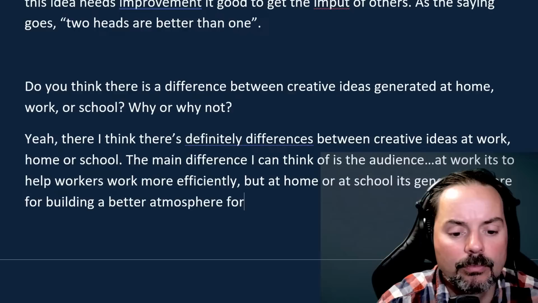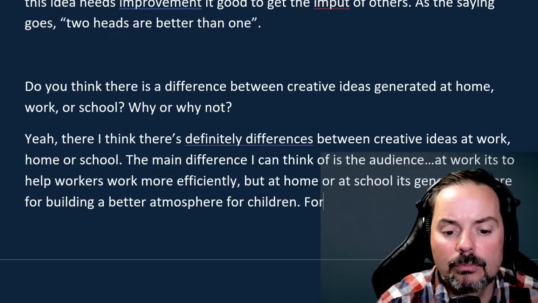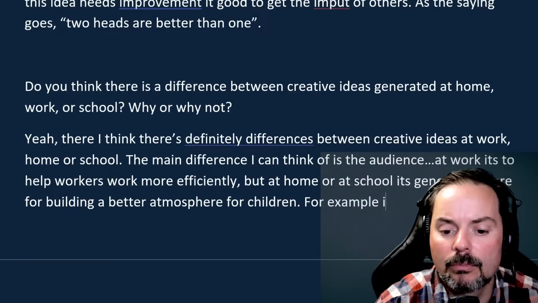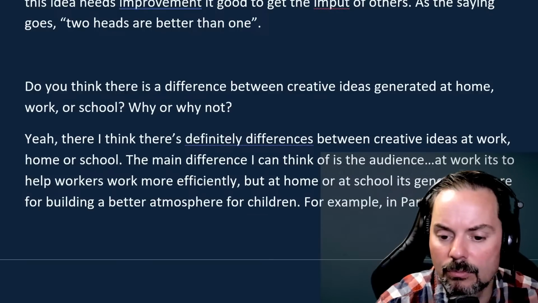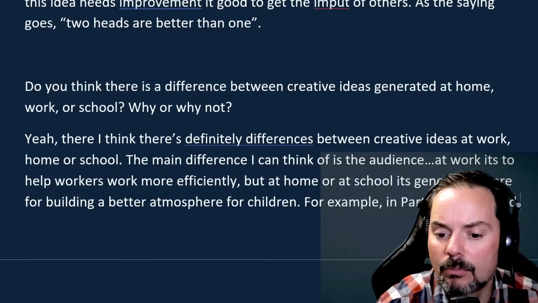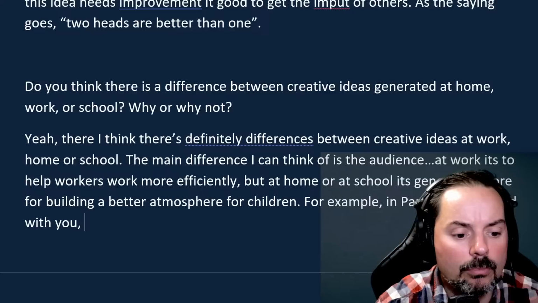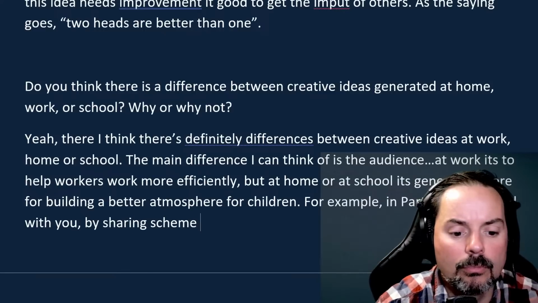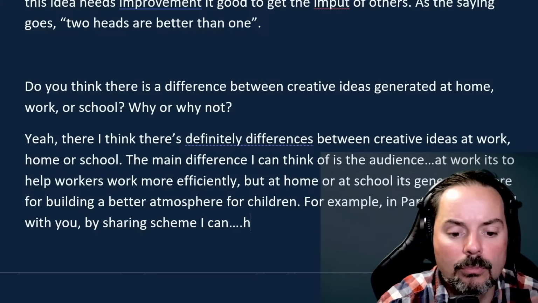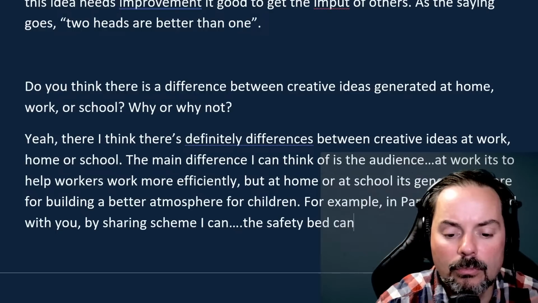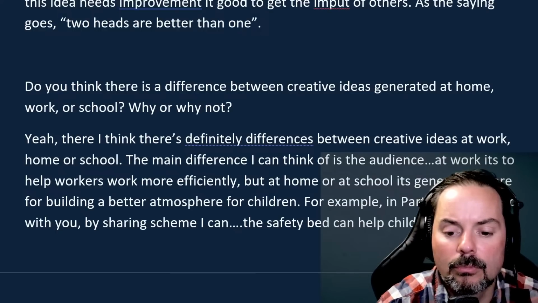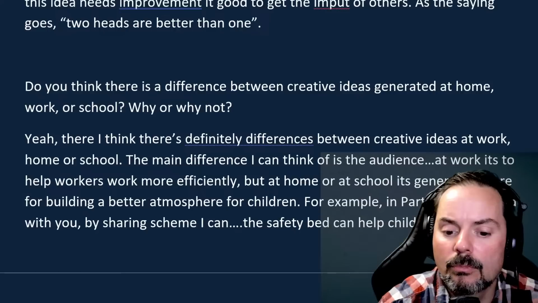Yeah, for example, in my part 2 that I shared with you, a bike sharing scheme can help workers to use their bike more frequently, and at home, a safety bed can help children to sleep without worrying of getting off the bed in the night.